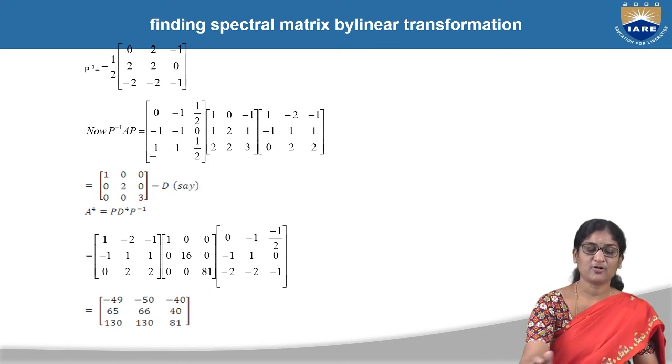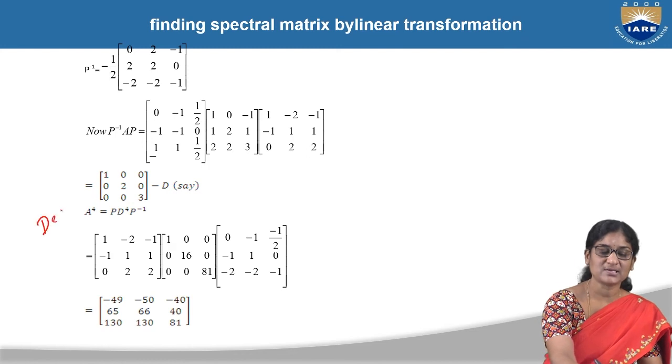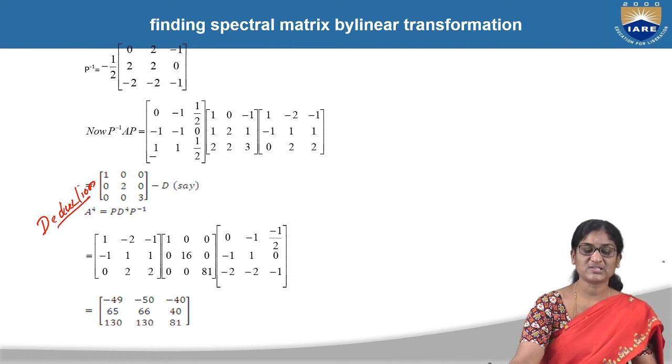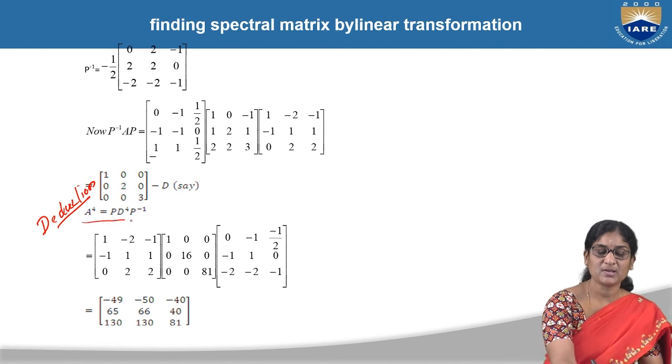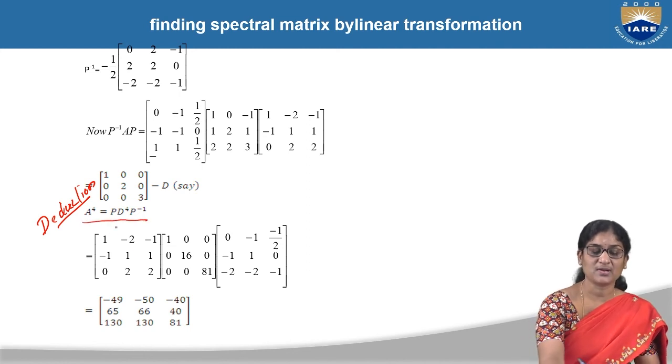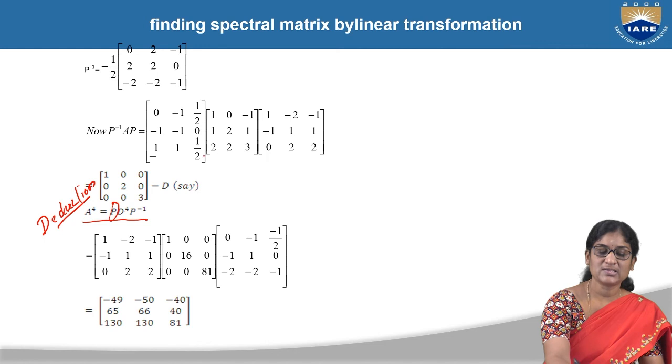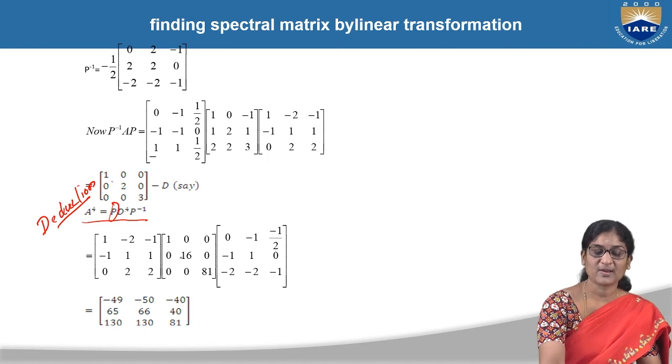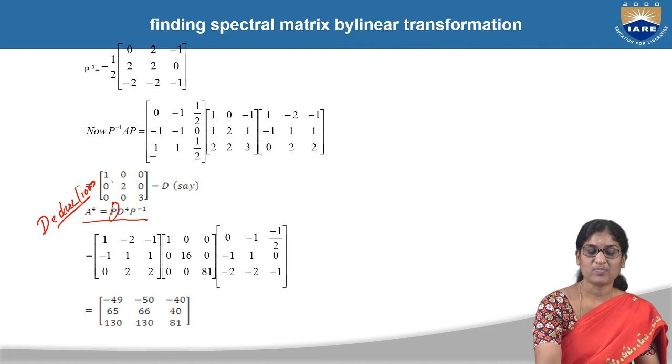After getting the diagonal form, the next part is the deduction. In the deduction, we just need to find A to the power of 4, which is given by P into D to the power of 4 into P inverse. Already P is there, D is also there. So D to the power of 4 is 1 to the power of 4, 2 to the power of 4, and 3 to the power of 4.